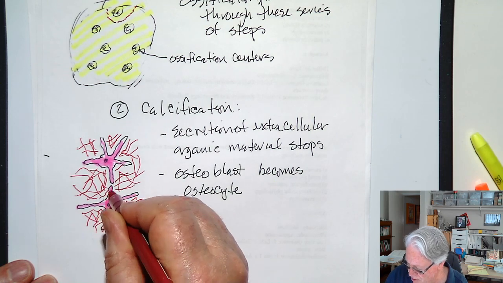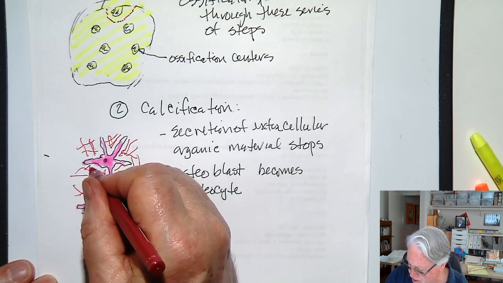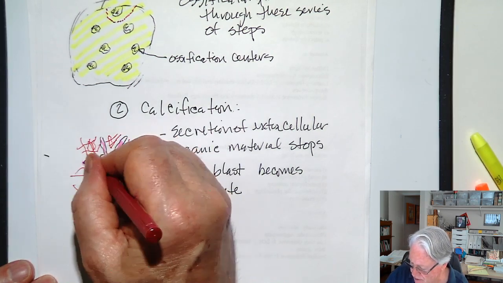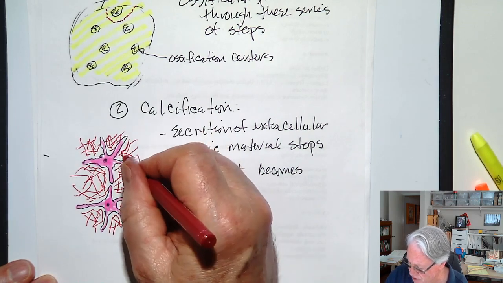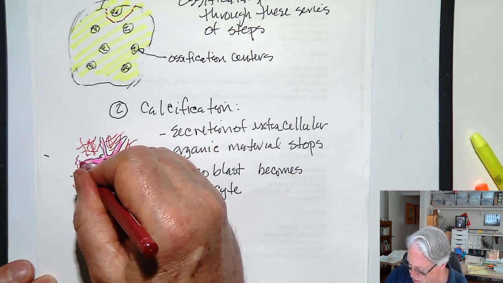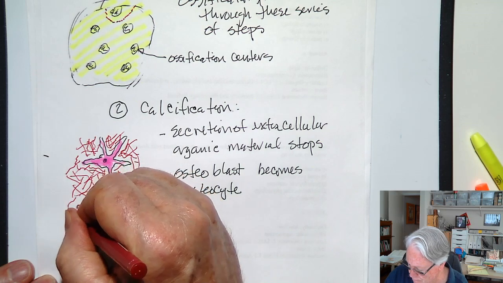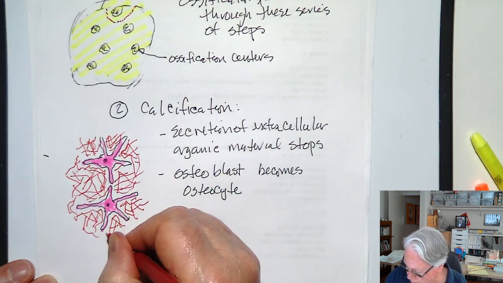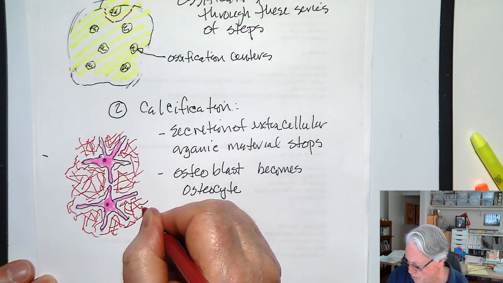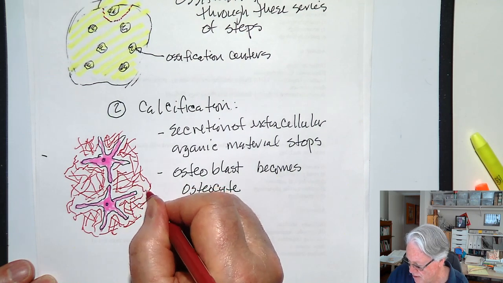It does not necessarily mean that we have calcified material surrounding them, but they are surrounded by this very complex web of proteins.